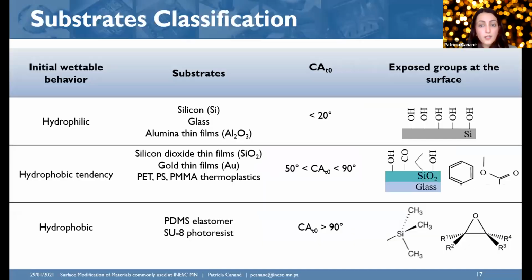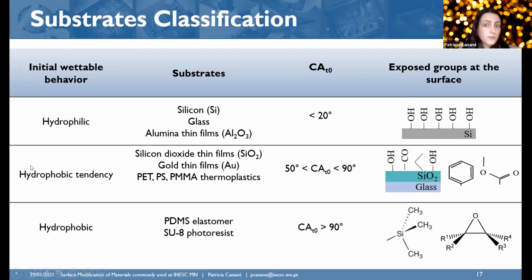Moving on to the results, I would first like to introduce how I organize my data for easier understanding. I will present my data according to the initial wettable behavior of the substrates. So first I'll present the hydrophilic substrates, which are silicon, glass, and aluminum films, which have majorly hydroxyl groups at the surface.